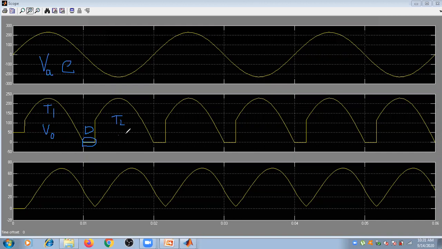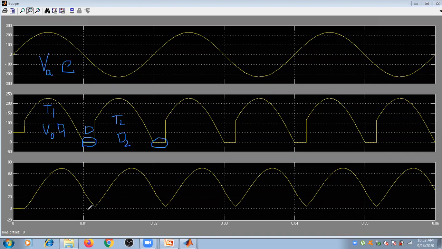Thyristor T2 along with the diode D2, according to our operation. This is thyristor T1 along with the diode D1, because this is a semi-controlled converter, right? So thyristor T1 and D1 will conduct at the time. This is the output voltage, which is V naught, and during this duration the freewheeling diode will conduct. When the freewheeling diode is in conduction, the motor terminals will be shorted. Shorted means the voltage is 0.